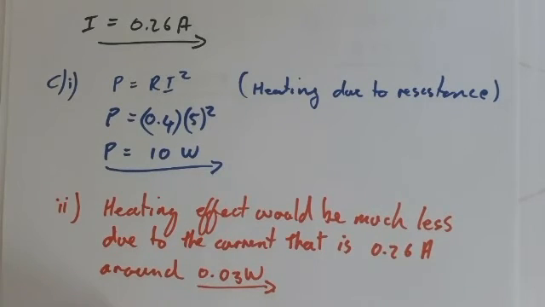One thing you need to be careful of, and the memo mentions it, is that the cable could be only for a 12 volt potential difference. So it could be a safety hazard if you now put 230 volts through it. Depending on the marks allocated to a question like this, if it's 1 mark, the first answer would be sufficient.